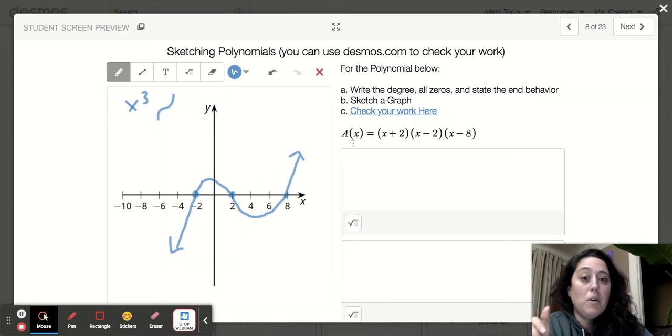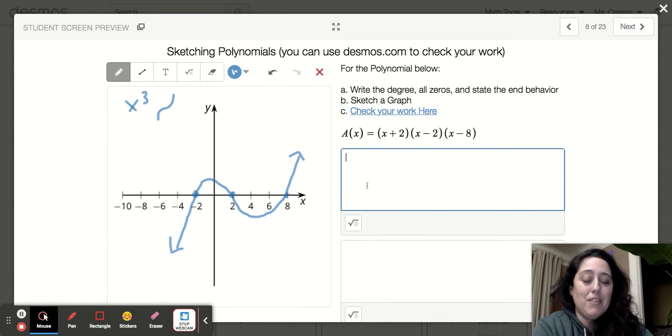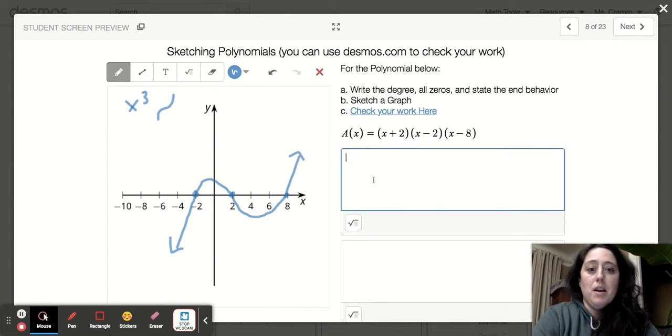So again, I'm going to write it all on this one. The degree is 3. It's a third degree polynomial. The zeros are for x equals -2, 2, and 8.